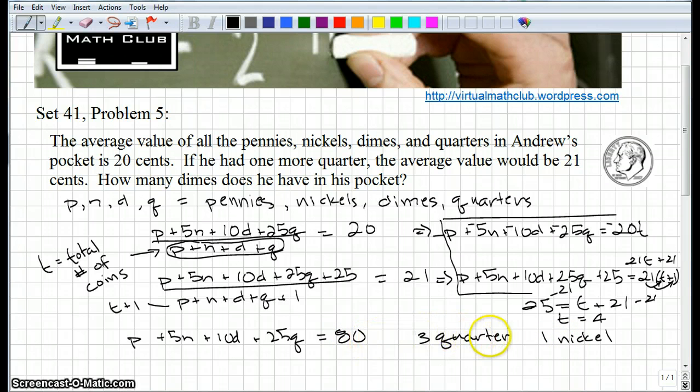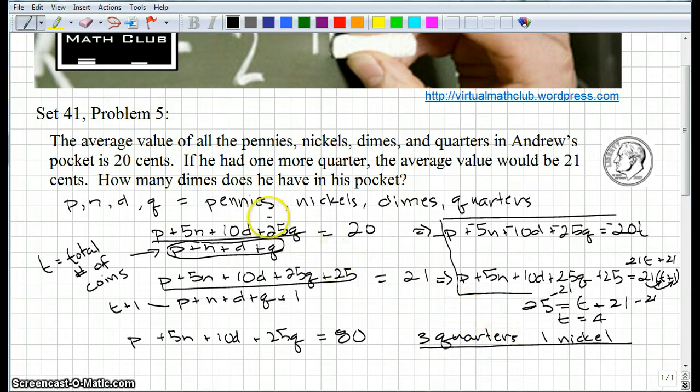Not really, because if I only have 2 quarters, that's 50 cents, and there's no way I could get 30 cents with 2 coins, other than having the 25 and 5, which is the same thing. So I know now that I have to have 3 quarters and 1 nickel. That's really the only thing that works out.